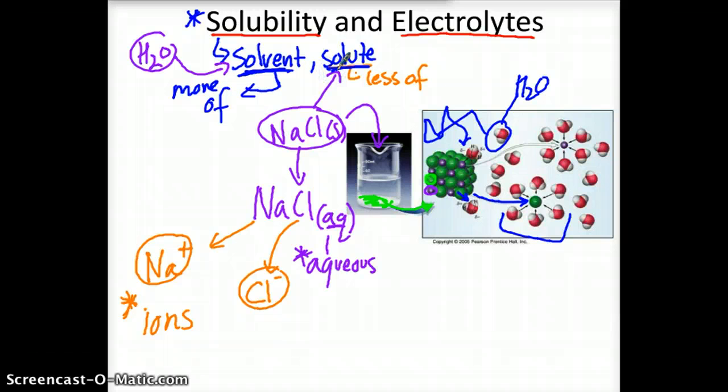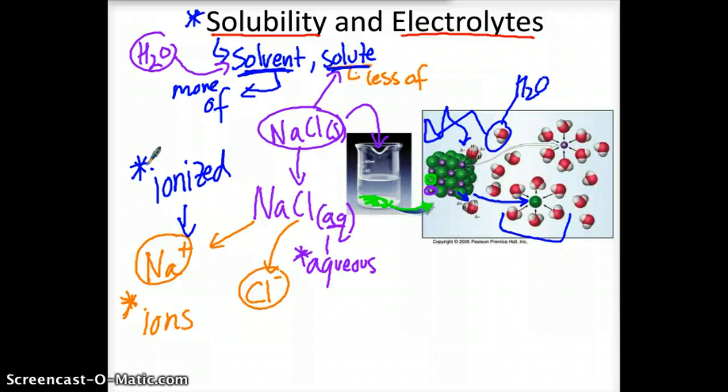When NaCl dissolves, what's actually happening? The ions are getting broken apart by the solvent molecules, and this compound is becoming ionized. Another vocab term to know: ionized is when a substance turns into its ions. So NaCl turns into Na+ and Cl-.